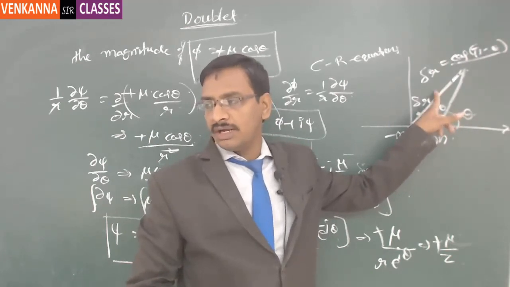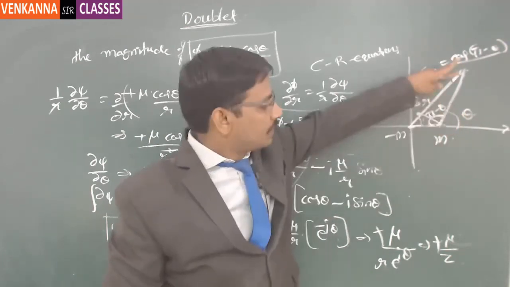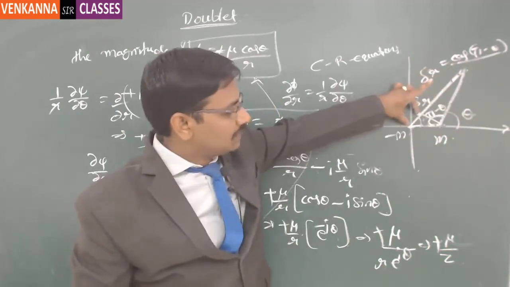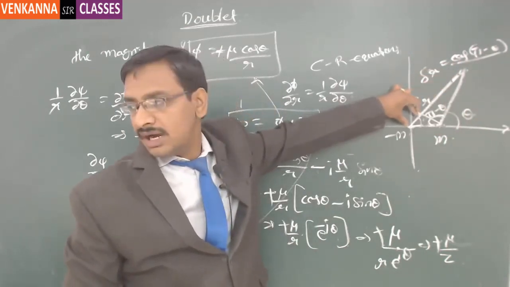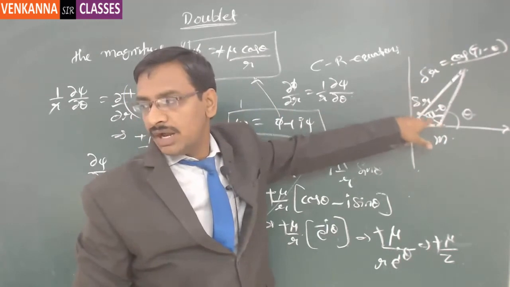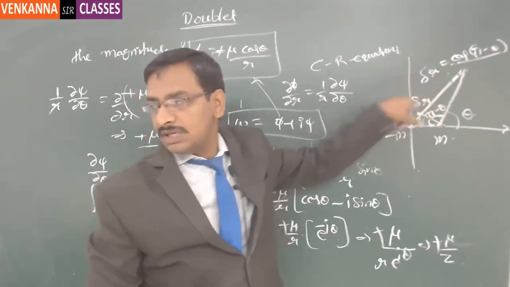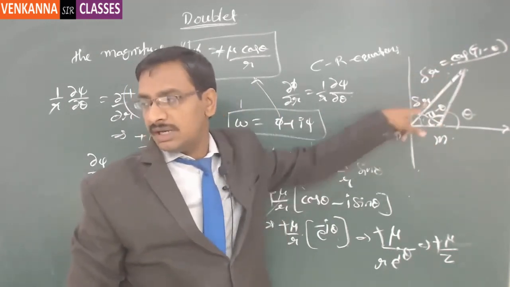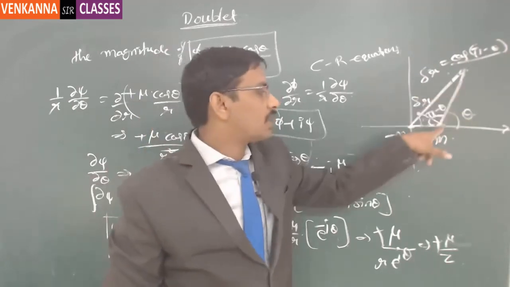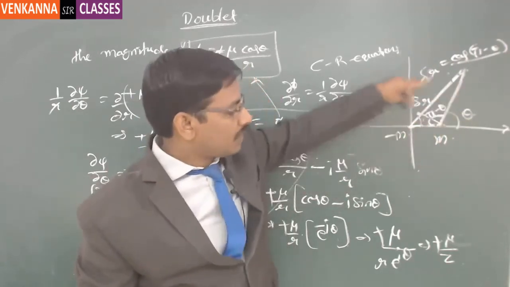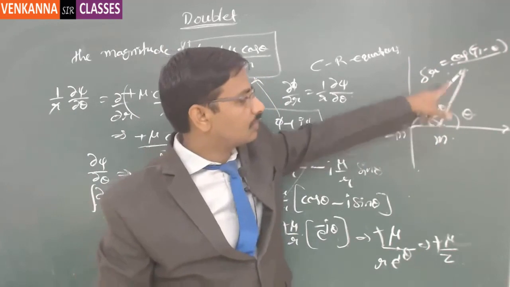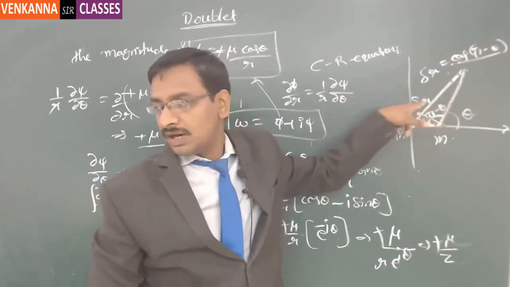So here delta r you get if you subtract this length. This is the delta r value, which you can get if you draw a perpendicular from this. So this entire length is delta r, this is r, and this is r plus delta r. That means if from r you subtract this length, you get the r plus delta r value. Got it or not?